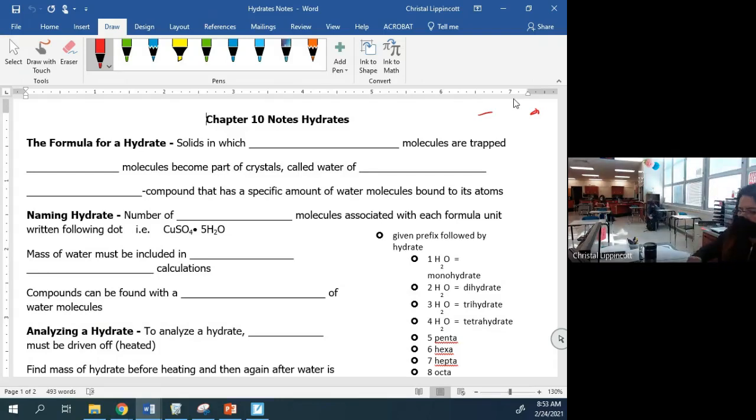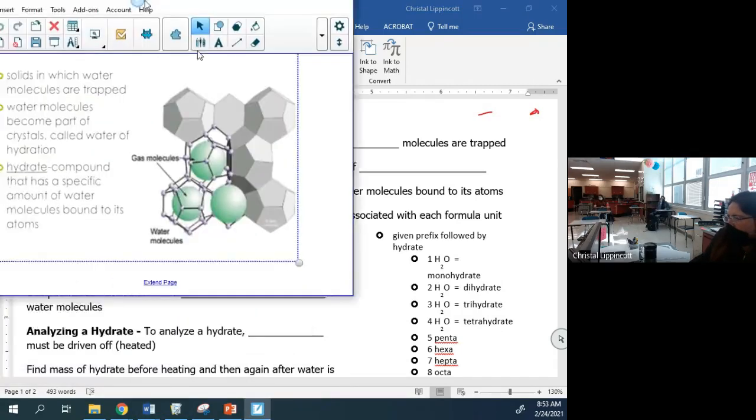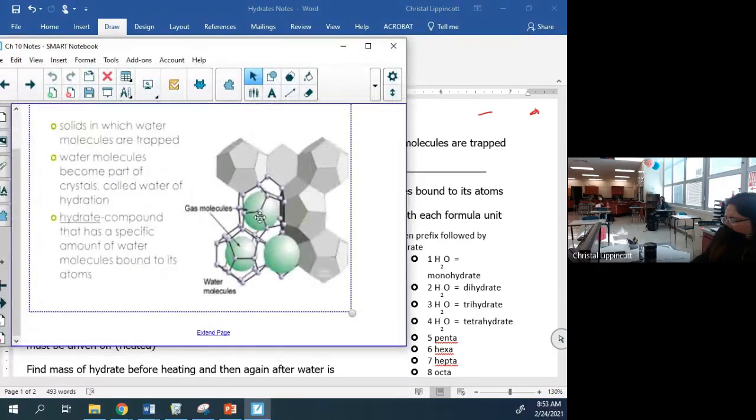All right, so what a hydrate is, it is a molecule, and in that molecule we have essentially water that's trapped around it. Okay, so it's kind of like almost like a Velcro in a way.